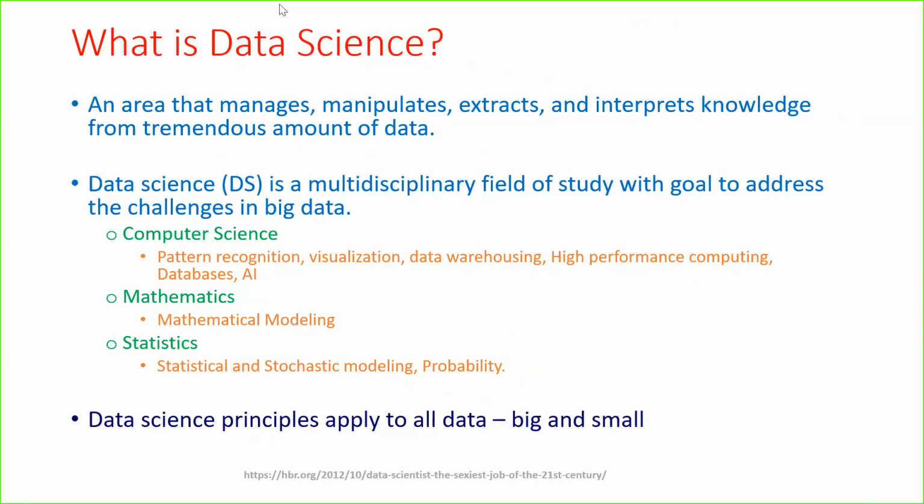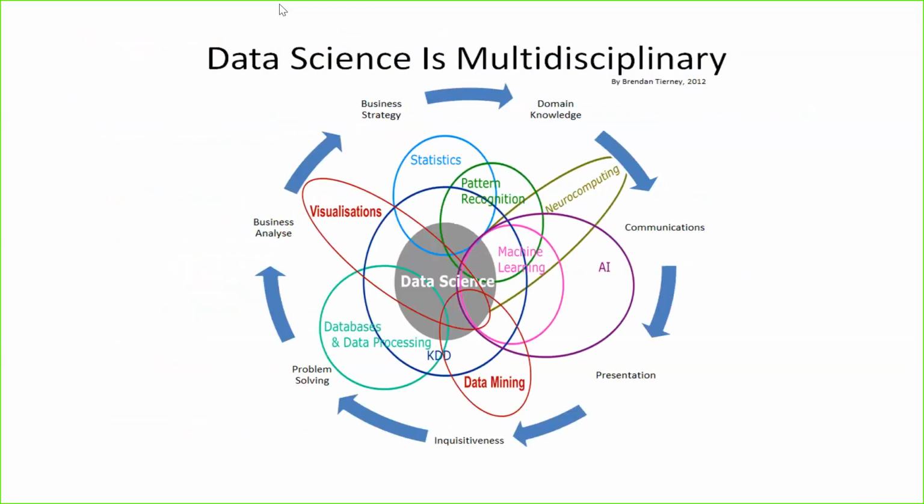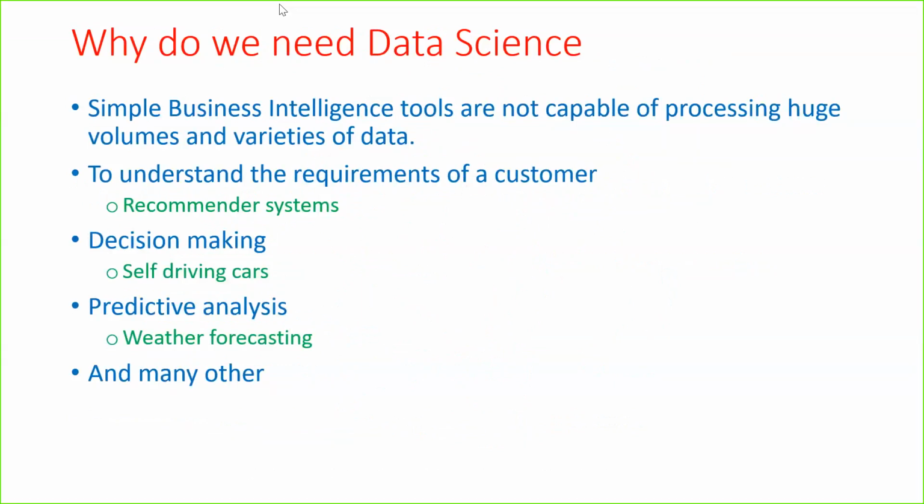So various fields like computer science, mathematics, statistics, data mining, artificial intelligence, machine learning, applied statistics, applied mathematics. So theories and techniques from multiple disciplines have been put together to draw some meaningful patterns from the tremendous amount of data. All right. So that's what data science is.